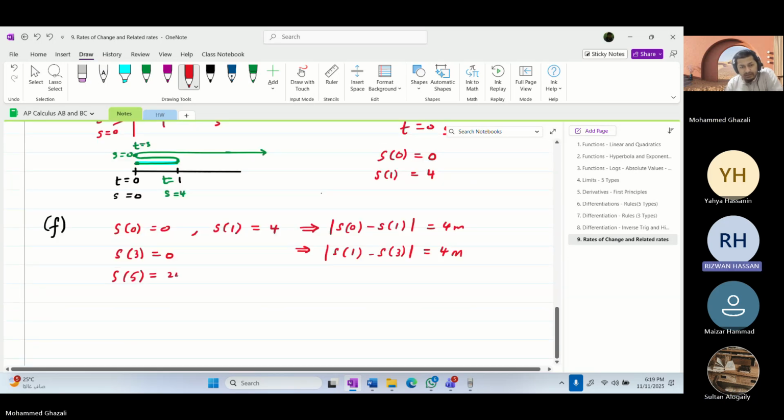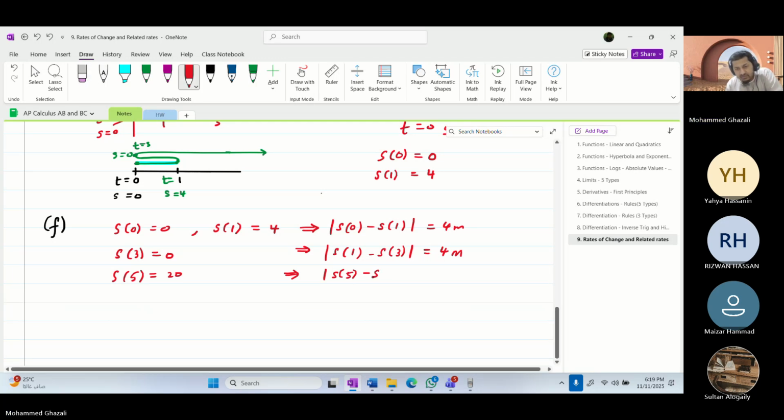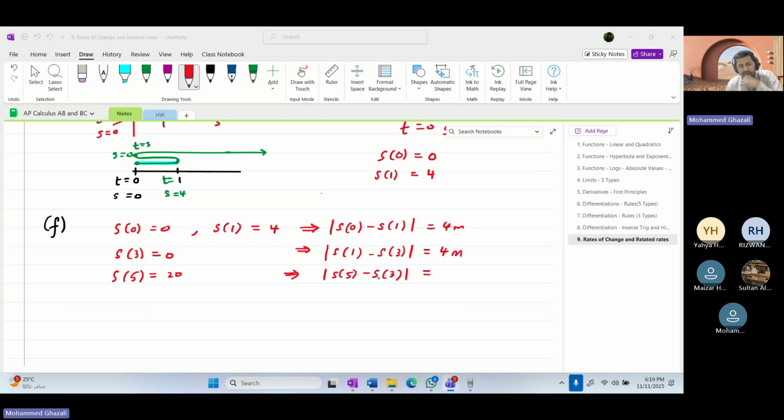So S of 5 is 20. Now S of 5 minus S of 3. What is that? S of 5 is 20 minus 0, correct? So you're getting 20 meters.